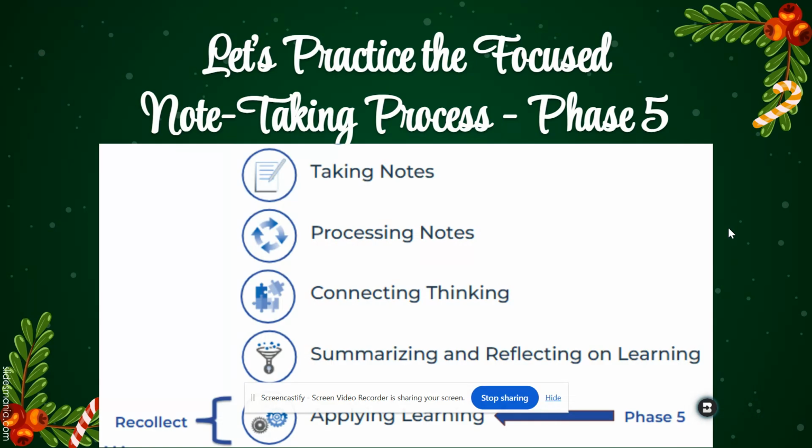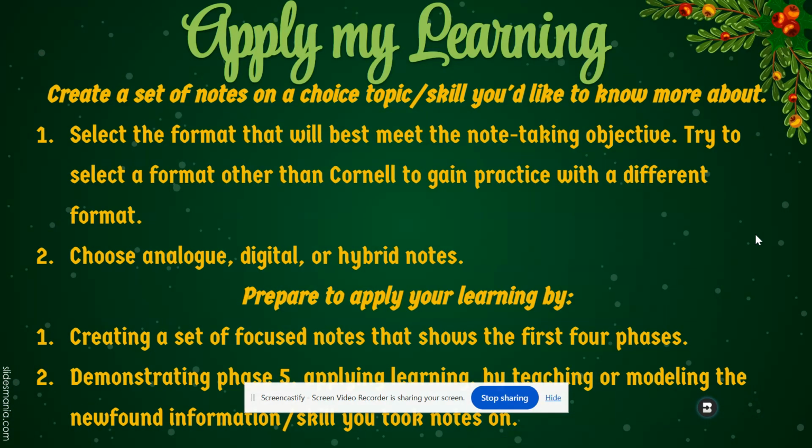All right, so we are going to practice applying our learning, our phase 5, the final phase of your focused note-taking. Okay, so as your final part of this, to apply your learning, you are going to create a set of notes on a choice topic, so a topic that you choose, or a skill that you would like to learn more about, okay?